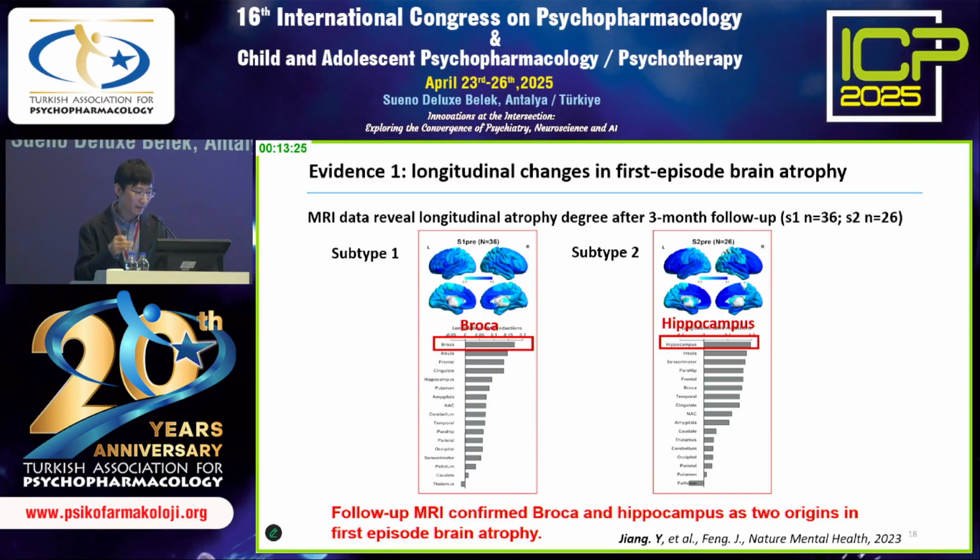And subtype 2 patients had the largest gray matter volume reduction in the hippocampus at the follow-up. So they are consistent with the SuStaIn modeling results. The two regions, Broca's area and hippocampus, may be the two sources of brain atrophy in first-episode schizophrenia.